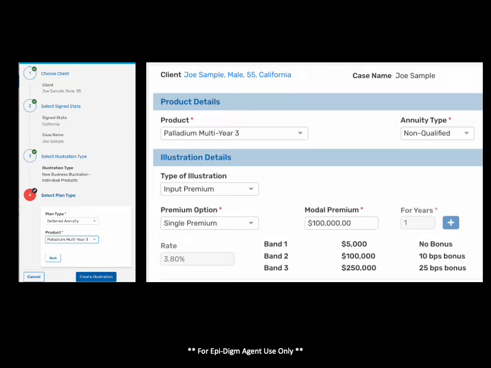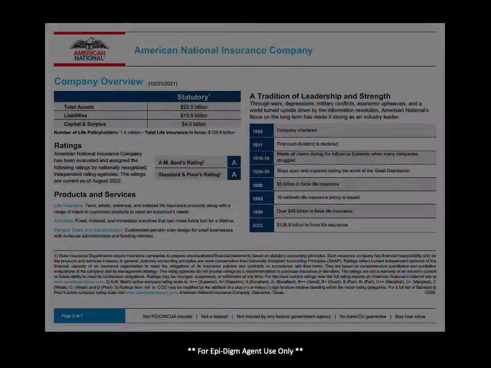If your client puts in $250,000, that's a 25 basis point bonus, which means that $250,000 will experience a 4.05% interest rate for the next 3 years. So that's how this illustration works.